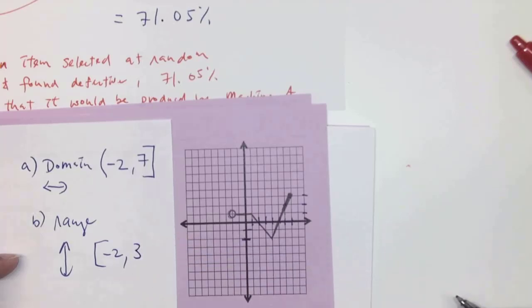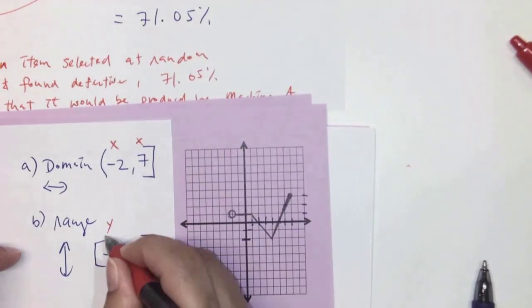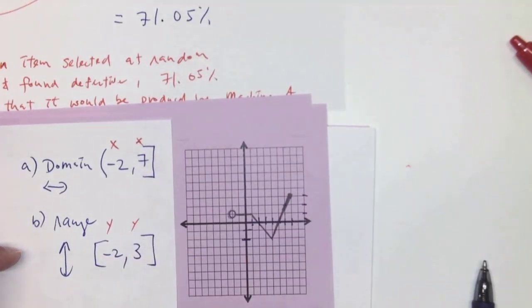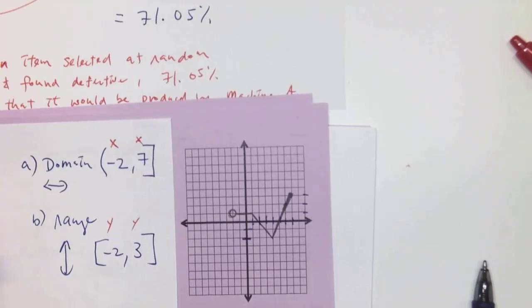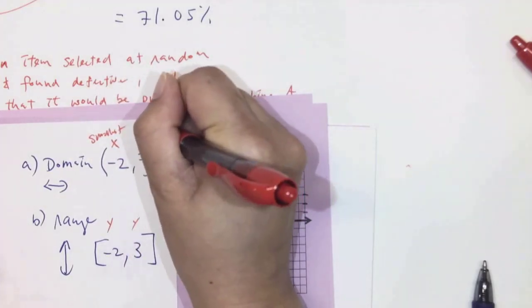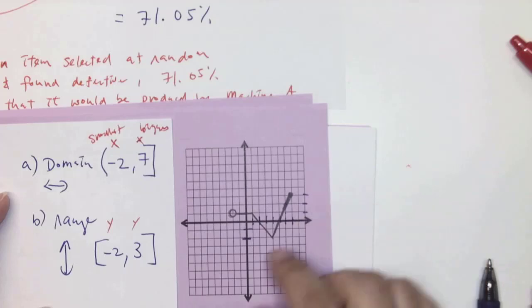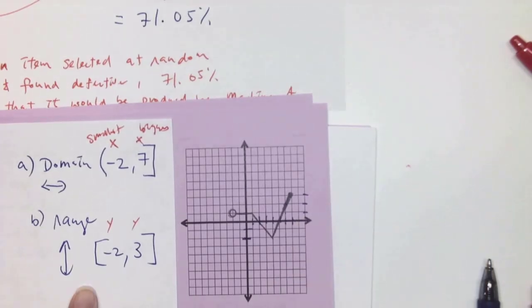Close it with a bracket. So just make sure you go from the smallest x to the biggest x, and the smallest y to the biggest y, because domain and range. These two are supposed to be clear and easy to find, but a lot of students miss that.